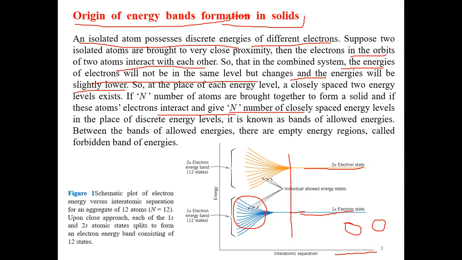But when n number of atoms are brought together to form a solid, then there are n number of closely spaced energy levels in place of the discrete energy level, and it is known as the band of allowed energy.